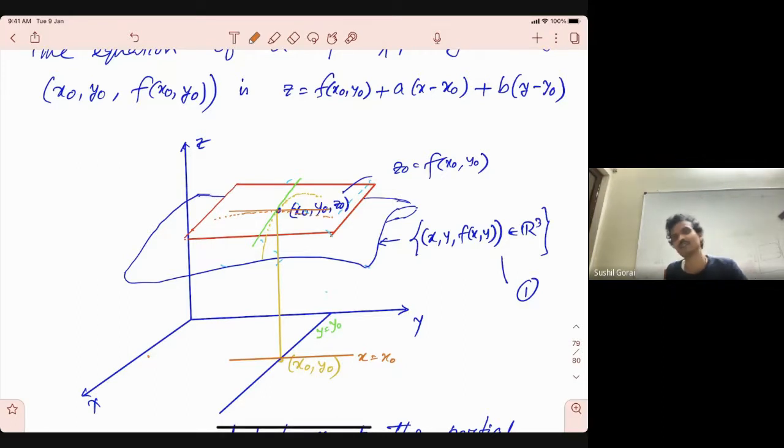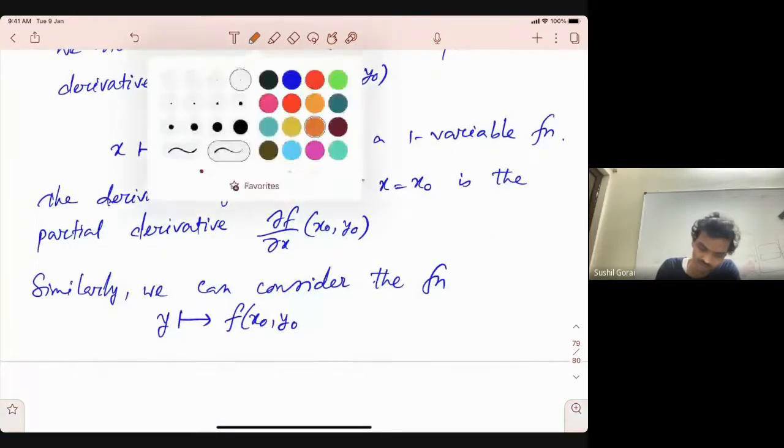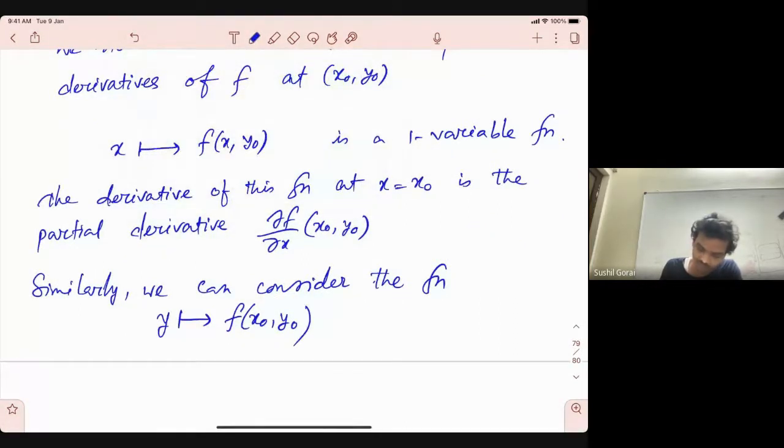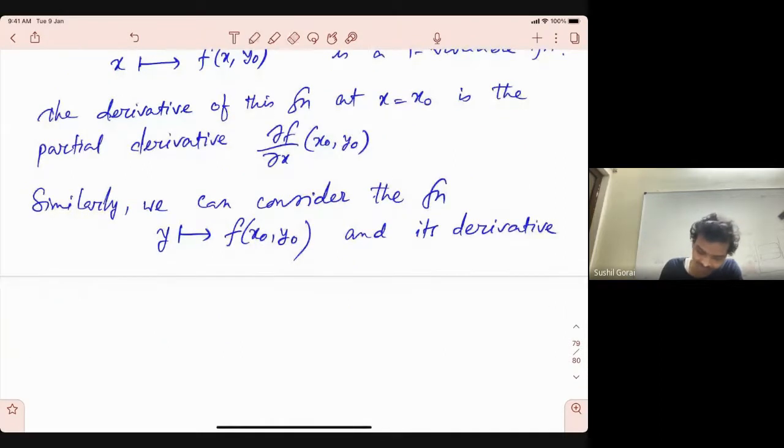Right? And in this case, similarly you can consider the function here and its derivative at, oh, so this is x naught comma y.